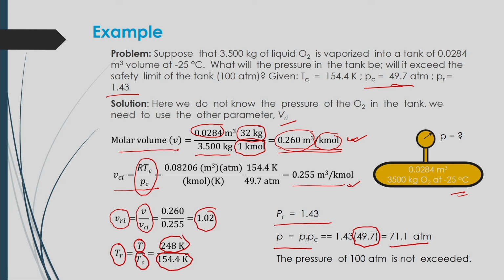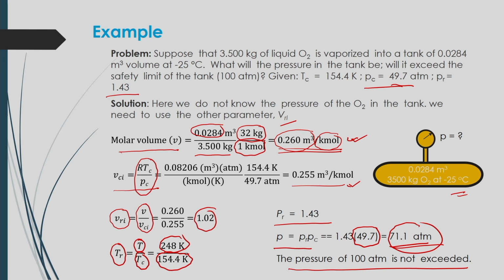So, at this condition the pressure of the tank is 71.1 atmosphere, whereas at its safety level the pressure will be maintained at 100 atmosphere, but it is coming here 71.1. So, we can say that it is in safe condition.